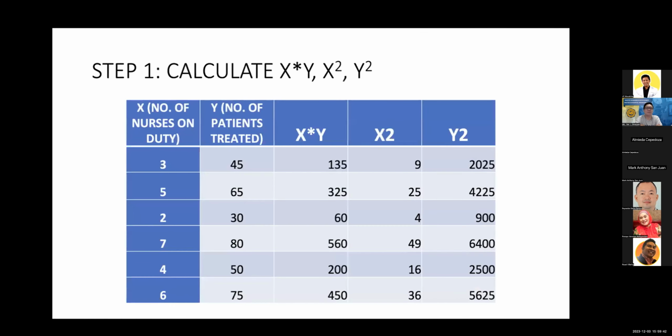We'll go through the steps one by one. Step 1 is to calculate x times y, x squared, and y squared. All this we can actually do in Excel. Initially, I did it in Excel because it's faster. But it makes sense. It's not that difficult.